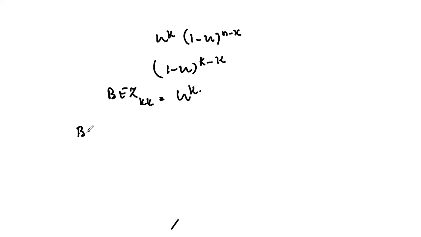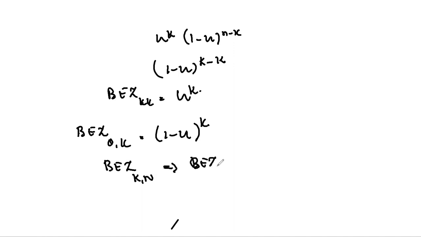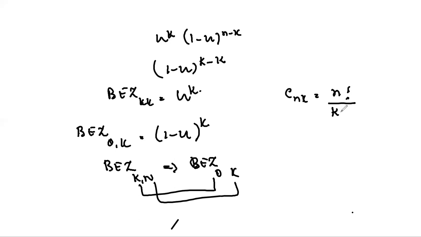In the same way we can write Bez 0,k is equal to (1 minus u) to the power k. So here we have 0,k. Instead of writing Bez of k,n, we are writing it as Bez of 0,k. If we substitute, we get C of n,k equal to n factorial divided by k factorial into (n minus k) whole factorial.